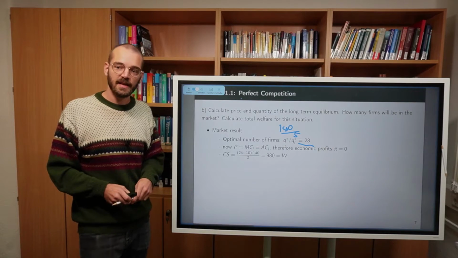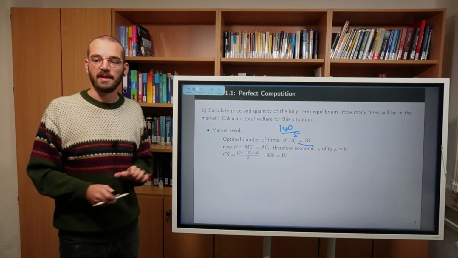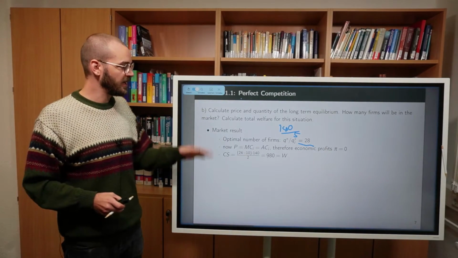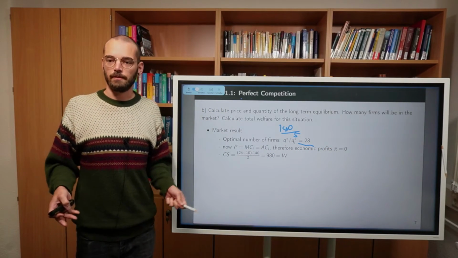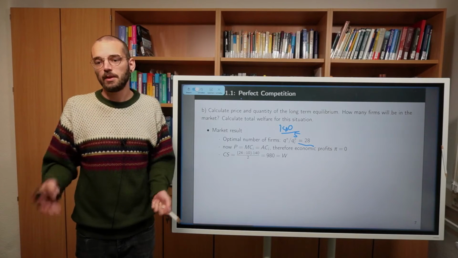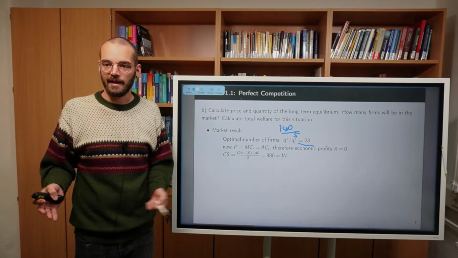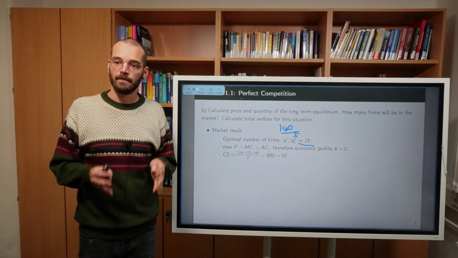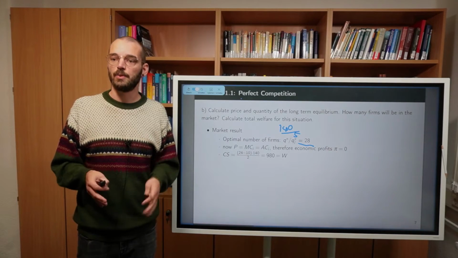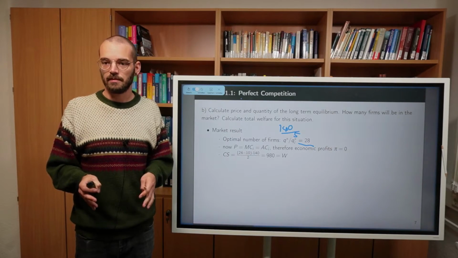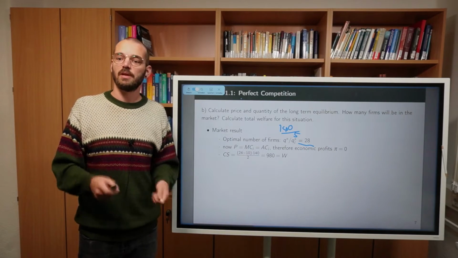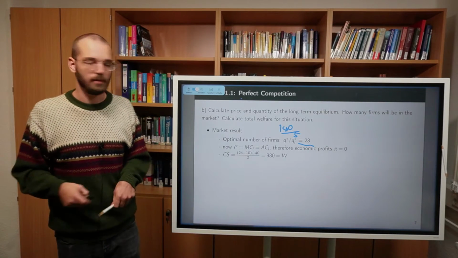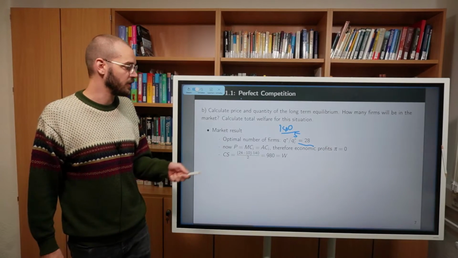In this particular case, we can take a little shortcut because we already know that the economic profits, so pi, must be equal to 0, simply because we know that the price is equal to the average costs. Again, this is the very condition of the long-run market equilibrium in perfect competition, right? So this is, in this very specific case, generally true. Profits will be 0 under these conditions.